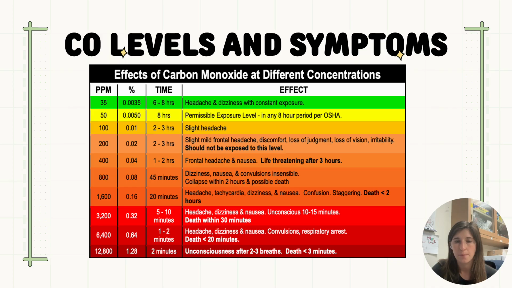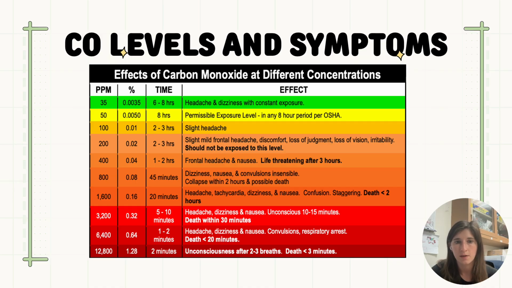So if somebody's working at, I don't know, a coal processing plant or power plant, something that's going to be creating a level of carbon monoxide, it's legally acceptable for them to have up to 50 parts per million and be exposed to that for 8 hours. So that's the level at which OSHA has determined that carbon monoxide exposure is still going to be safe and not have any lasting effects.